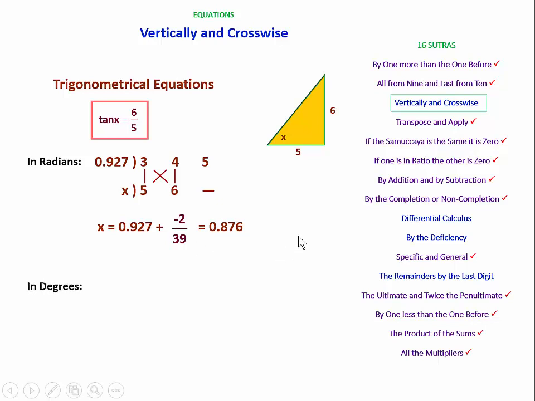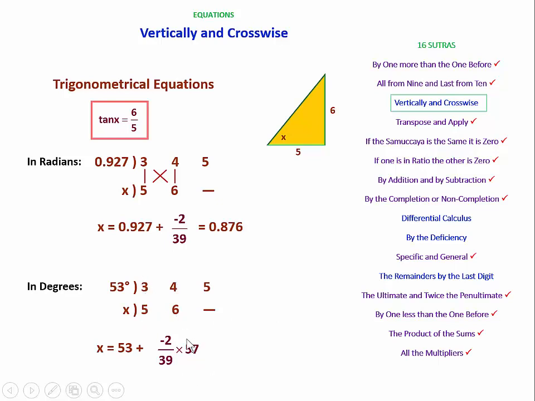If you want to do it in degrees, then we would know, presumably, that the 3, 4, 5 triangle has an angle of 53 degrees, and we're going to compare our triangle with it. So we've got 53 degrees plus a small value to be added or subtracted from it. And what is that? Well, we do the same pattern. We've got 18 minus 20 again is minus 2, and the 39 again from the 15 and the 24.